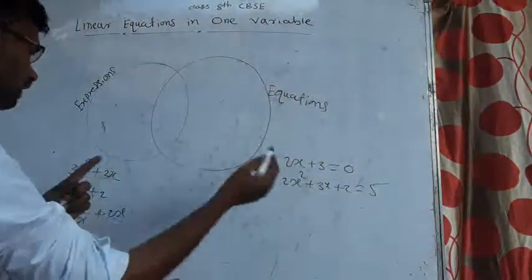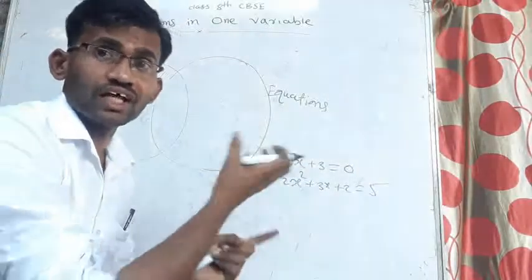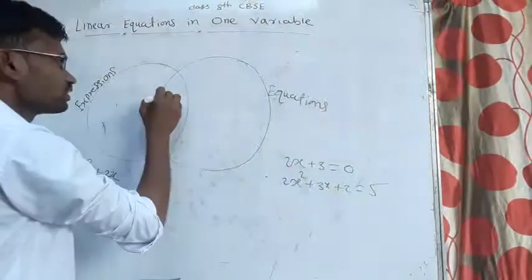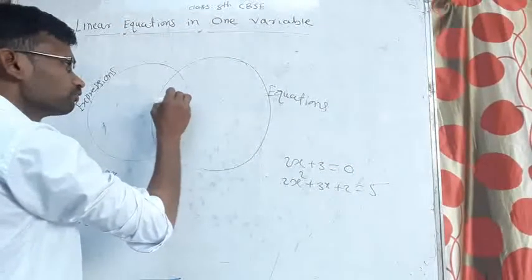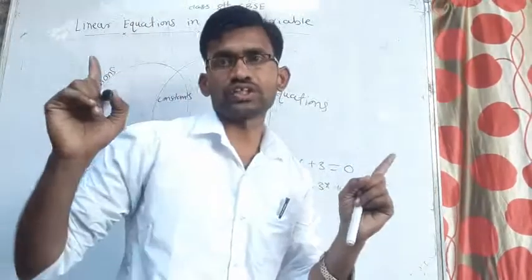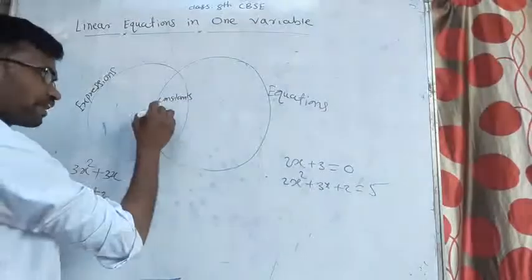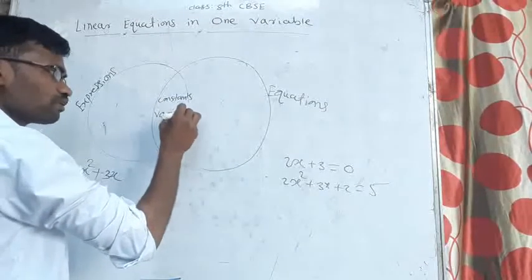What is common? In both there are variables, and in both there are constants, that means numbers.